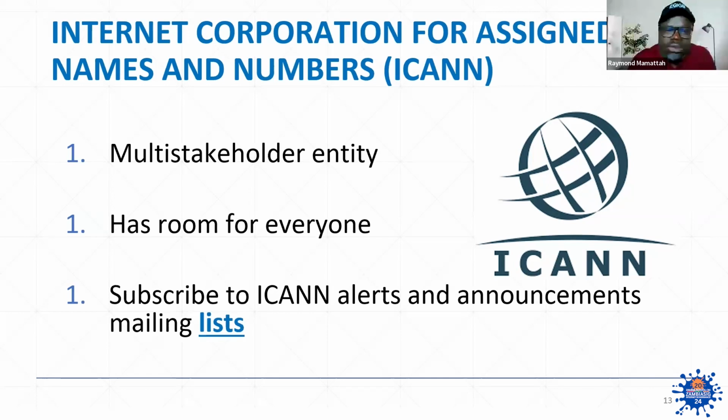You have to subscribe to the various mailing lists in order to engage. If they form a working group or working party, joining this working group's mailing list is what makes you a member. So subscribe to some of these working groups, alerts and major constituencies that we need to engage in.